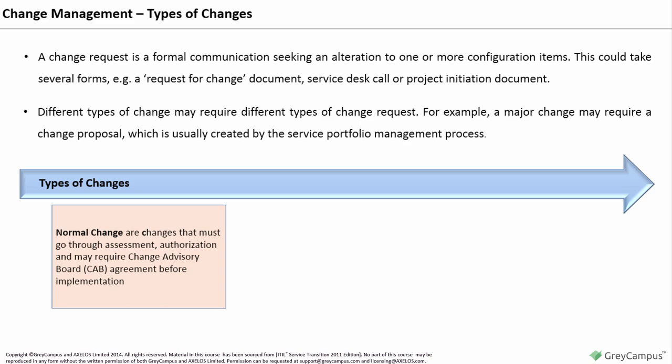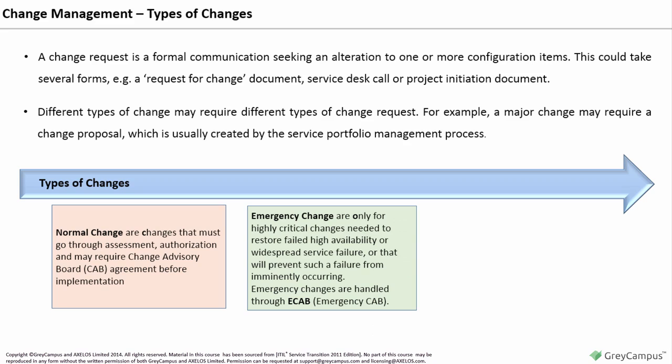There are 3 different types of service change. Normal changes are changes that must go through assessment, authorization, and may require Change Advisory Board (CAB) agreement before implementation. Emergency changes are only for highly critical changes needed to restore failed high availability or widespread service failure, or that will prevent such a failure from imminently occurring. Emergency changes are handled through ECAB, Emergency CAB.